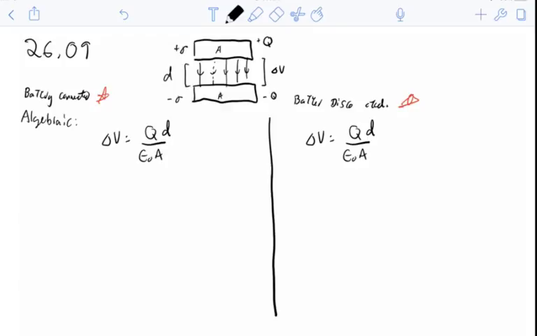The other one we're going to use is the electric field is going to be delta V over D. Or alternatively, the electric field is going to be Q over epsilon naught A. Okay, so how are things going to change if I change the thing? Well, in this case, there's the equation. I'm going to leave the battery connected, so before and after.